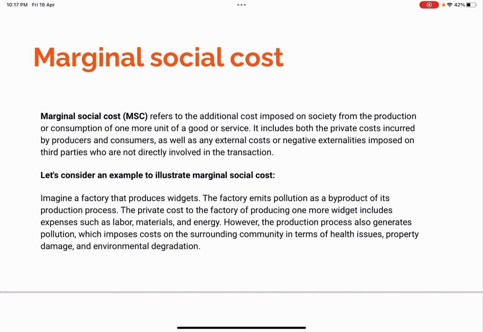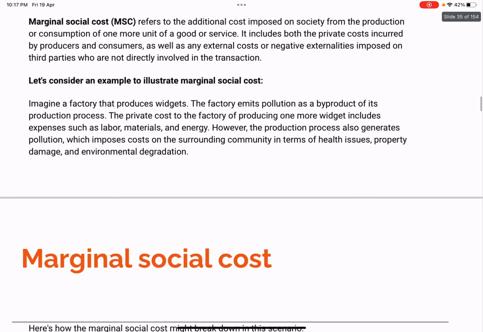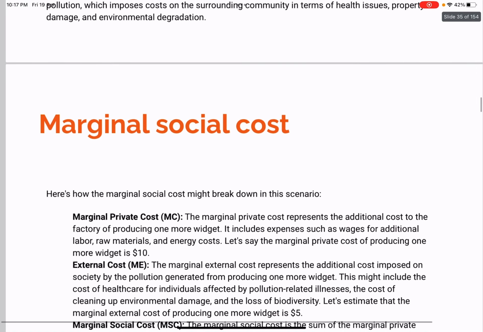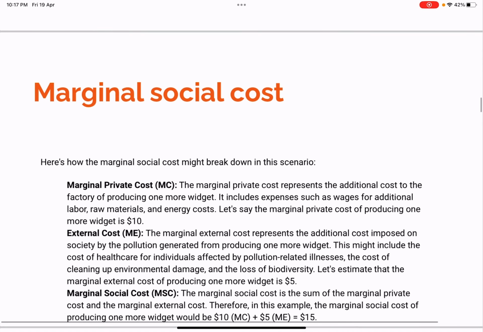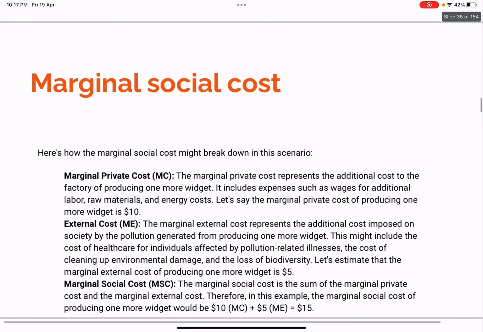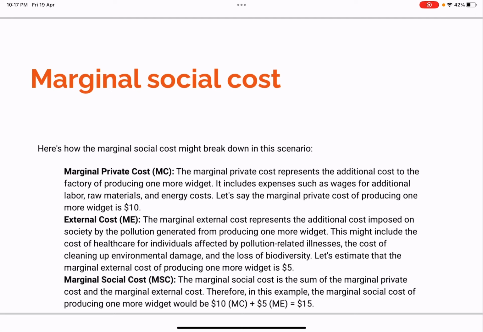However, the production process would also generate some pollution, which might impact the surrounding community in terms of health, or some other form of environmental degradation. So if you have to consider that, then we need to call it an external cost.